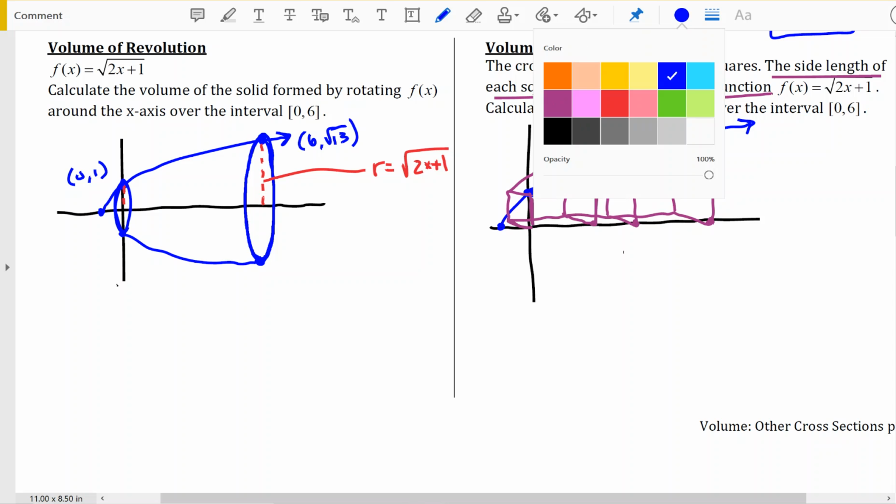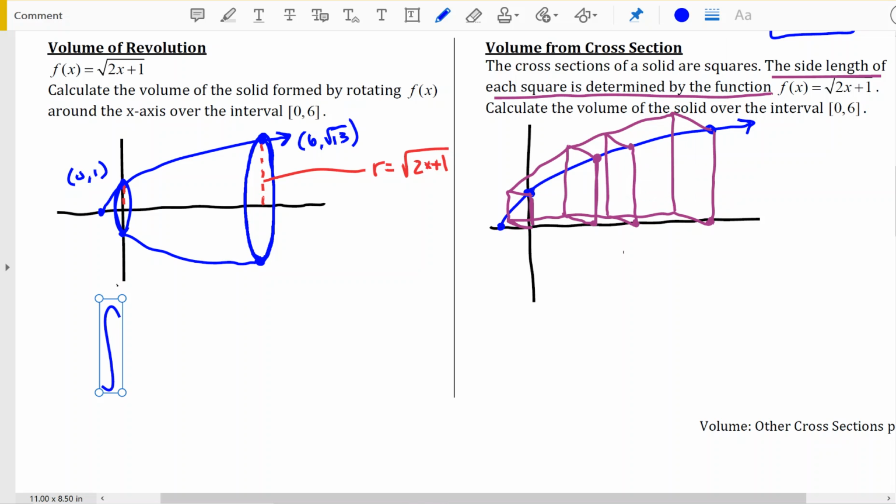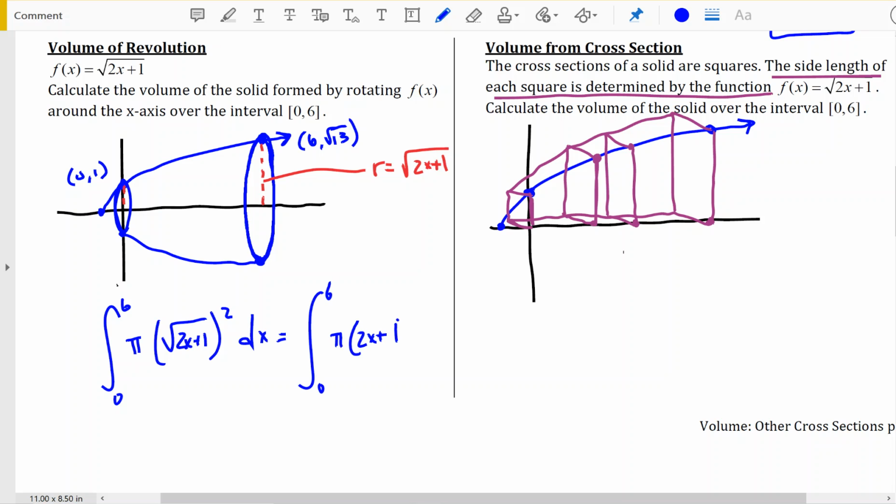Now with the first problem, we're comfortable with how we calculate this volume. We know that we're starting from 0 and going to 6, and we know that the cross sections are circles, so we're going to do pi times our radius squared. And we would want to simplify before we do this antiderivative, so we're going to get pi times 2x plus 1, or if we want to write that as 2 pi x plus pi, maybe we would write it like that.